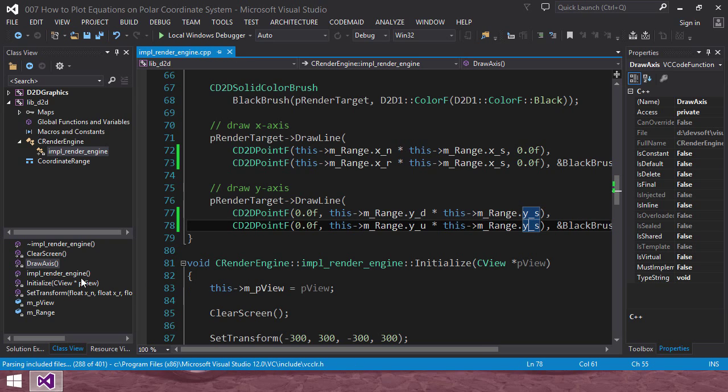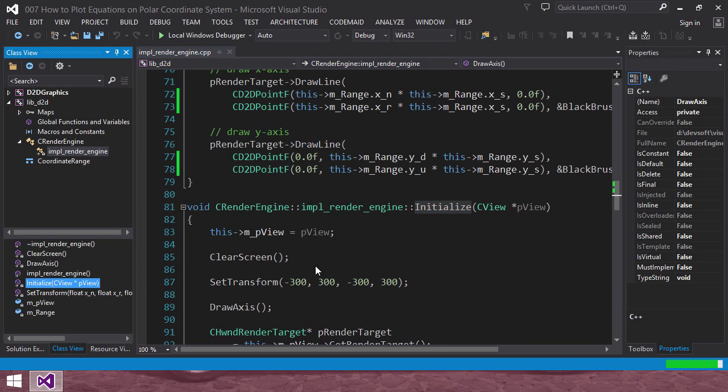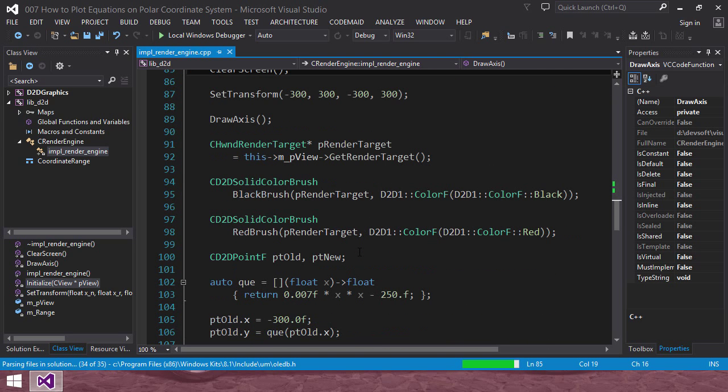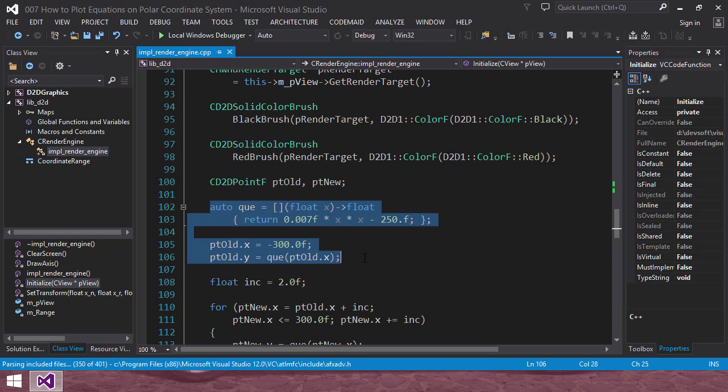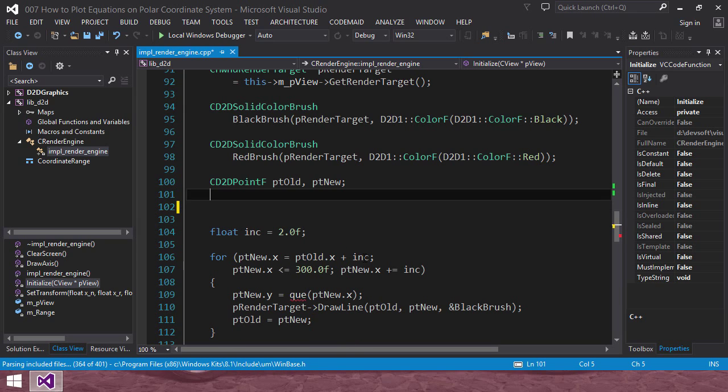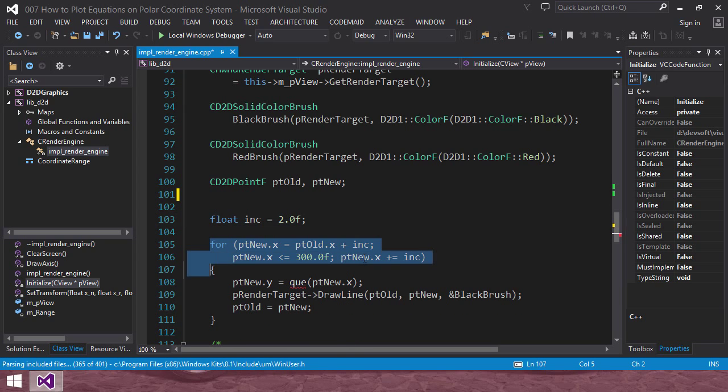Let's go back to the initialize function here, and we will remove some stuff. This is a quadratic equation, we don't need it, so remove it, and we also don't need it.